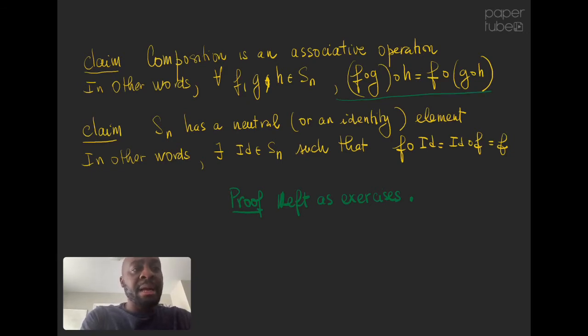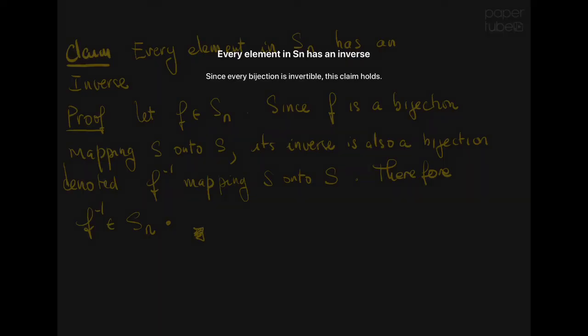The second claim is that Sn has a neutral element, or an identity element. In other words, there exists an identity map in Sn such that f composed with this map is the same thing as the map composed with f, and that's equal to f.